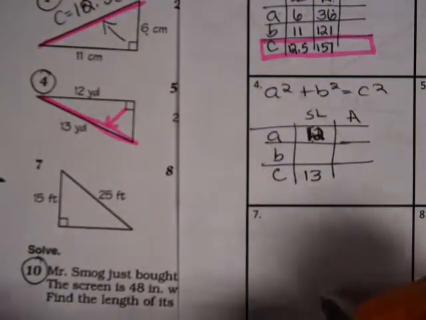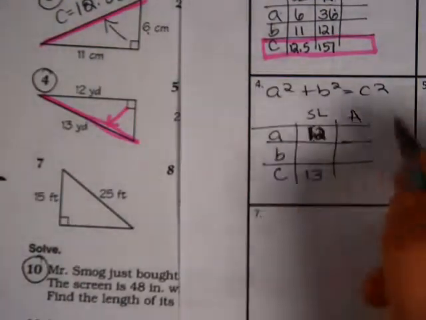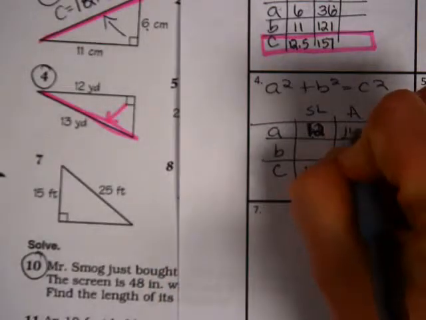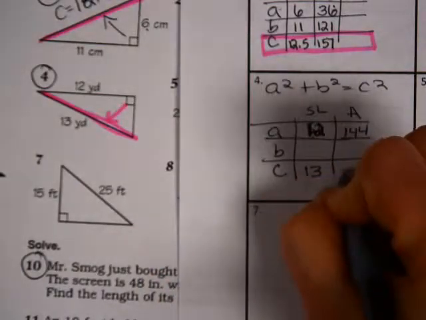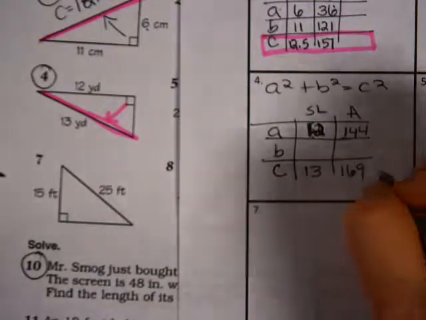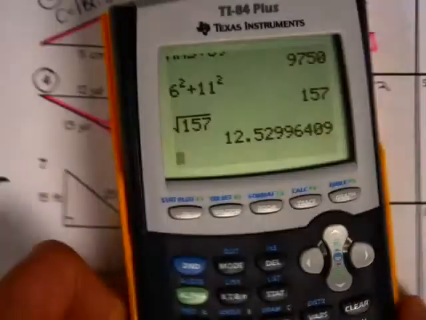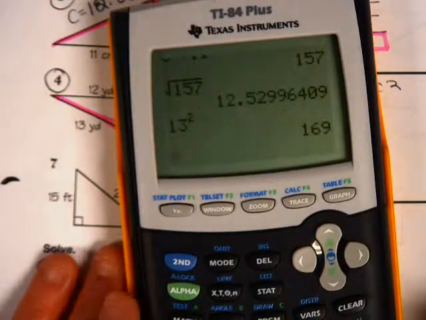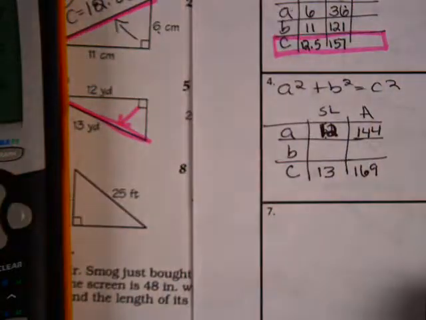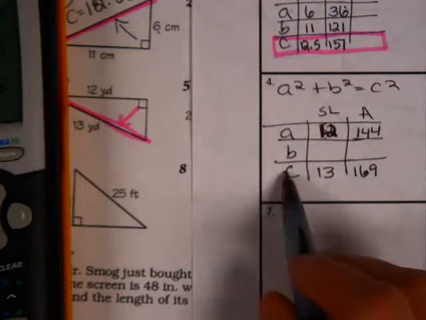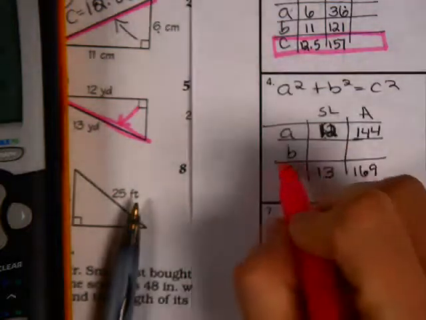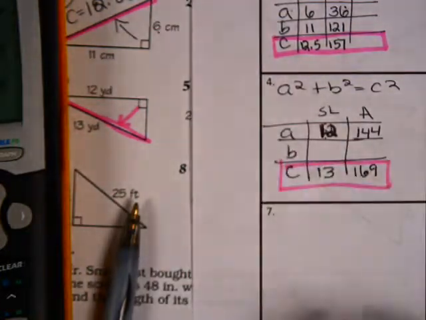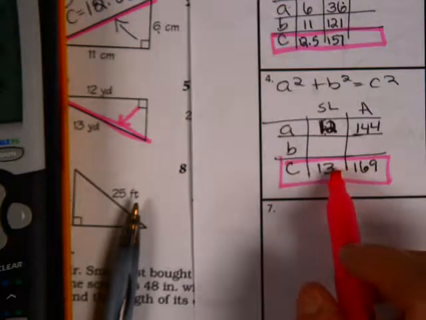B is my missing. Okay, so 12 squared is 144. 13 squared is 169. If you didn't know that, you could always 13 square, boom. Okay, now remember, C has to be my biggest thing. So nothing can be larger than 13.